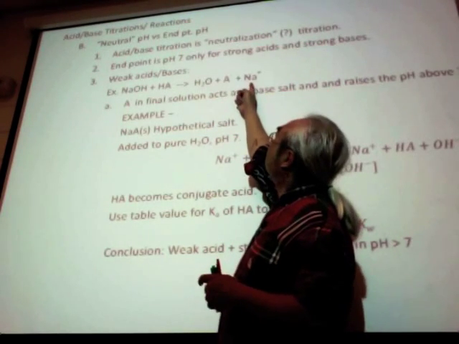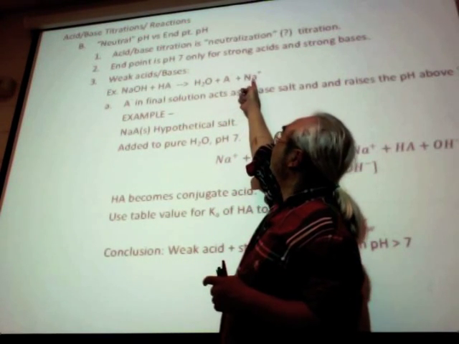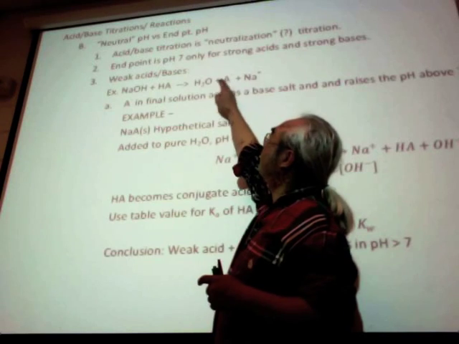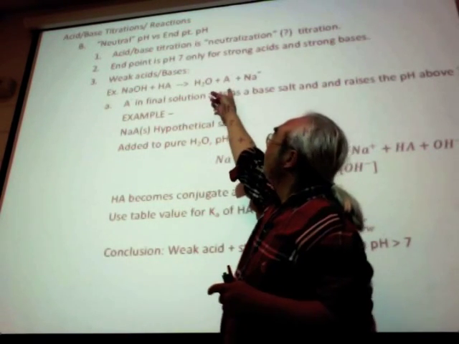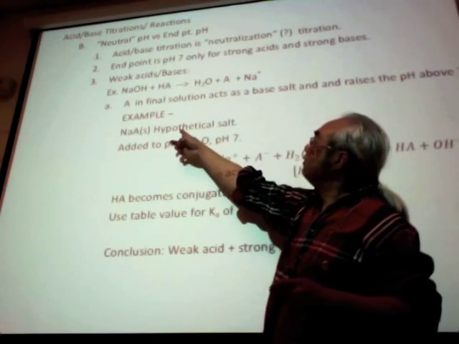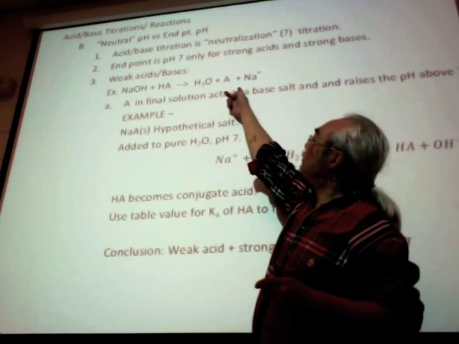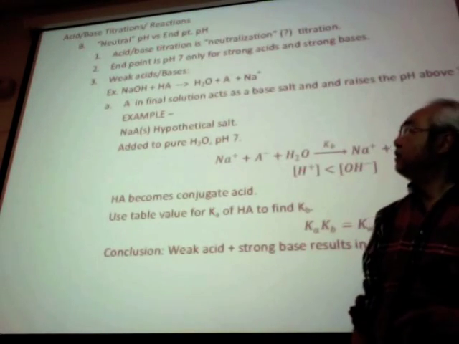Notice, indeed, this is your solution. It's as if the sodium A salt is dissolved in water. So with this final mixture, you can assume it is sodium A salt dissolved.